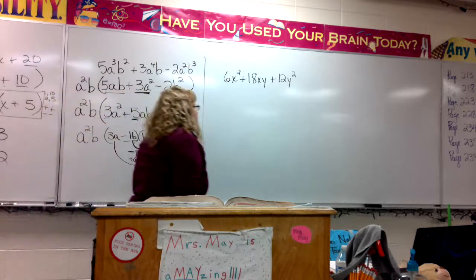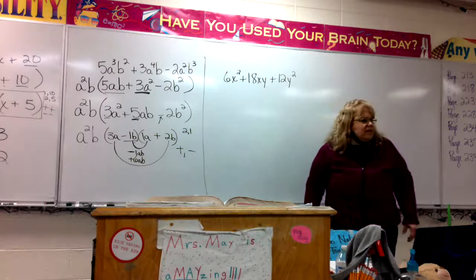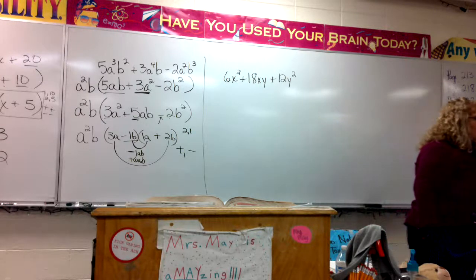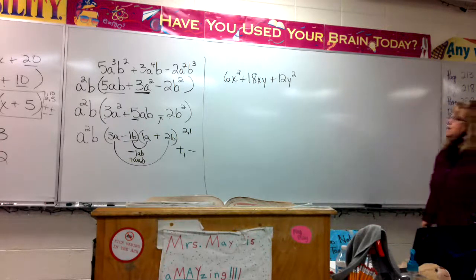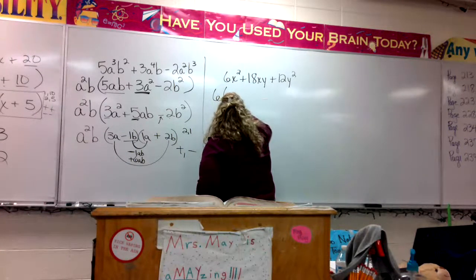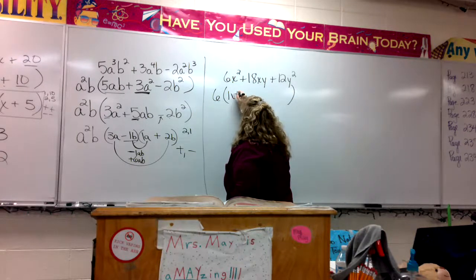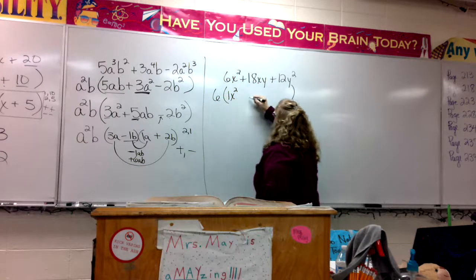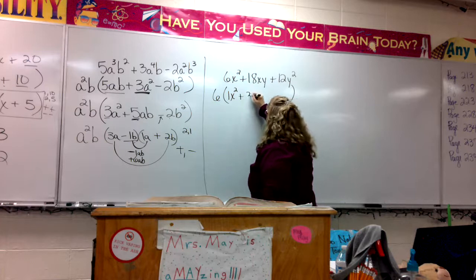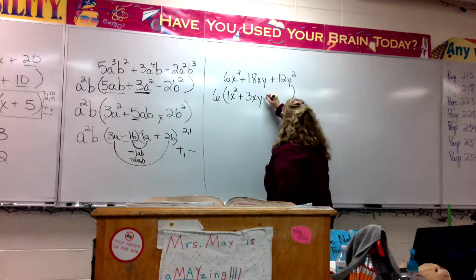You can hold up fingers if you'd like, if you're afraid to talk. 6. Thank you. 6 goes into all of those. So take it out. 6 times what? It's 1x squared. 6 times what is 18? 3, I hope. 6 times what is 12?